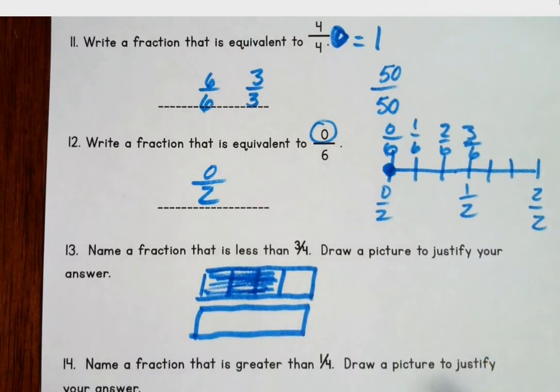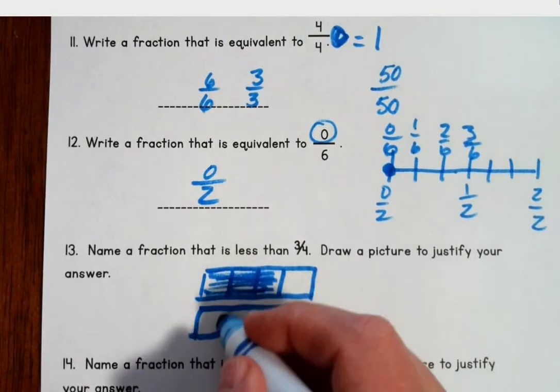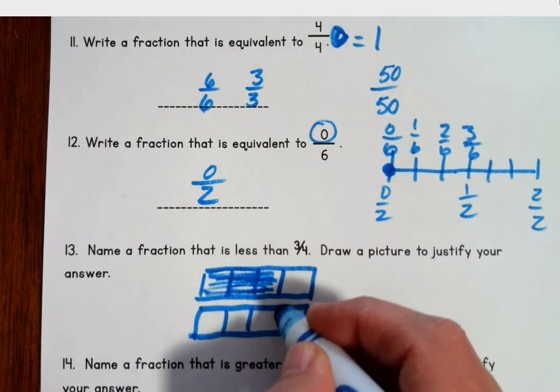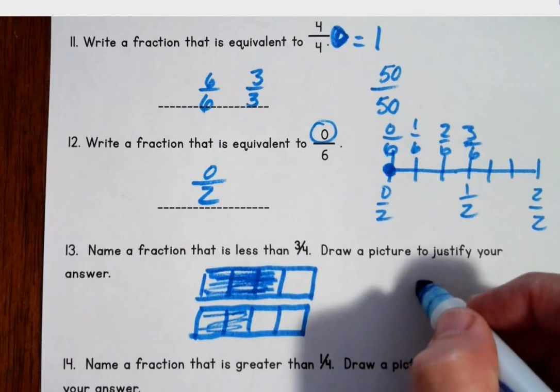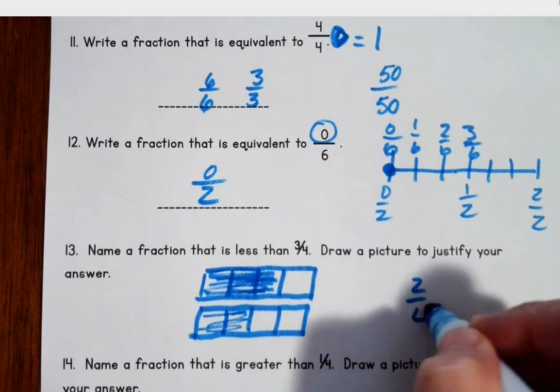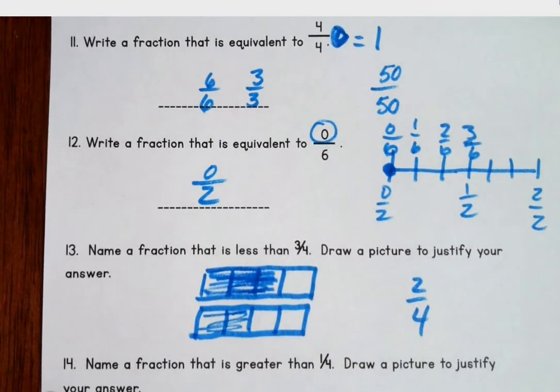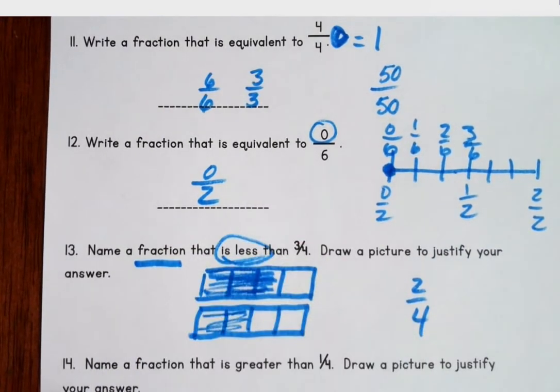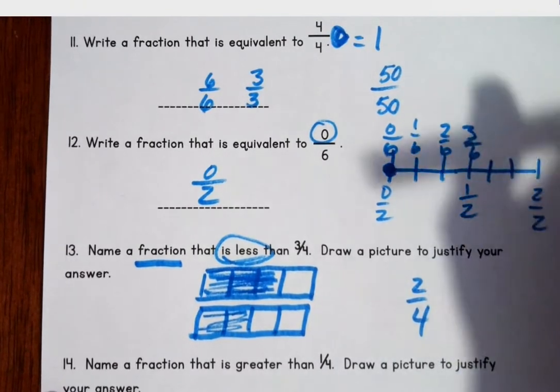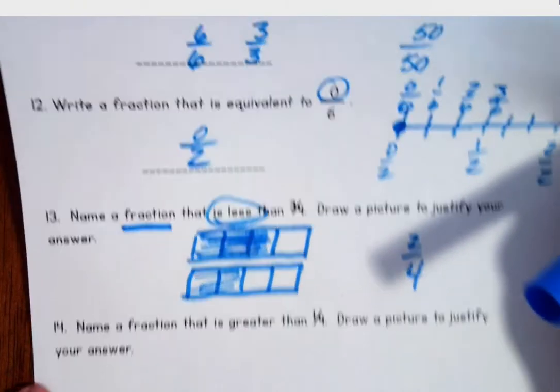In Mrs. Keith's world, that's the exact same size. And then I am just going to do the same thing, except I'm only going to do 2/4. And I'm going to say 2/4. You can do 1/4. You can do 0/4. But you have to have a fraction that is less. Make sure you are looking at the question.